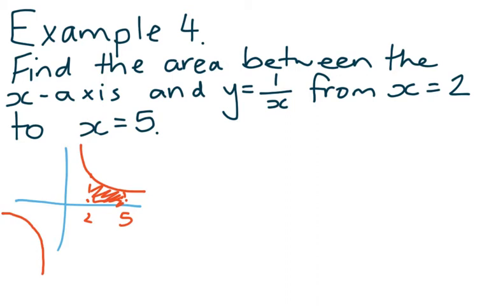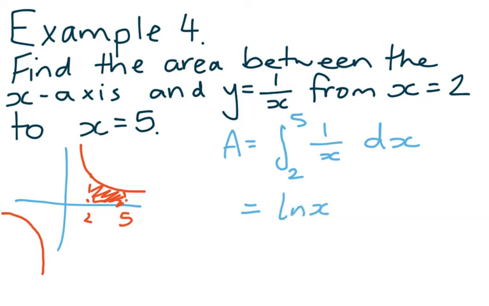So to find the area here, I'm just going to write A equals the integral between 5 and 2 of 1 on x dx. And now the integral of 1 on x, knowing that the natural log of x function differentiates to 1 on x, suggests that we have the natural log of x, and then of course we actually need to sub in that 5 and 2.